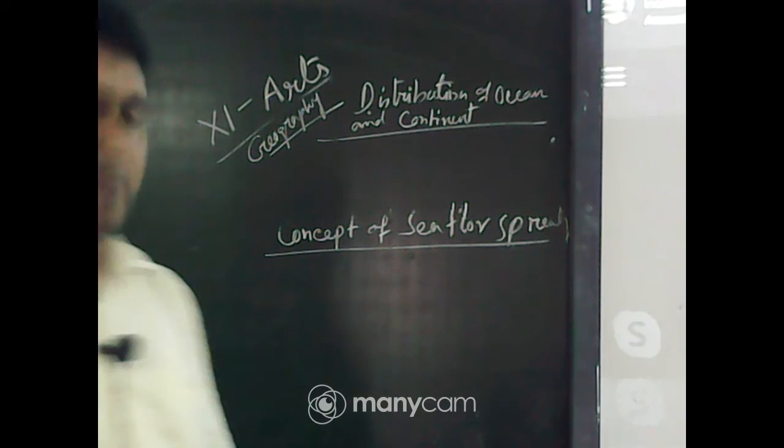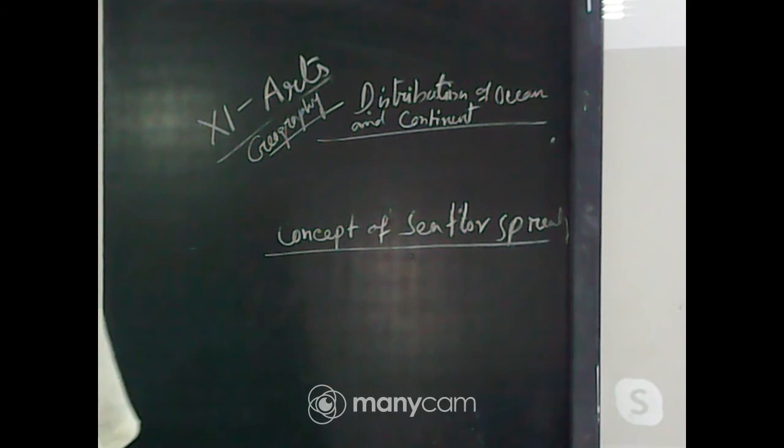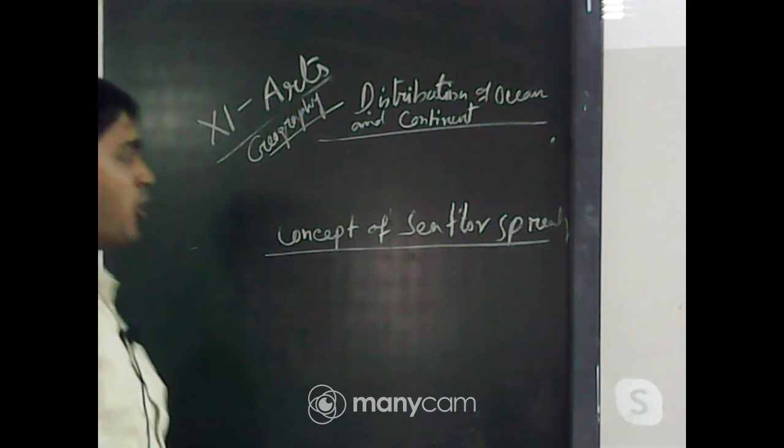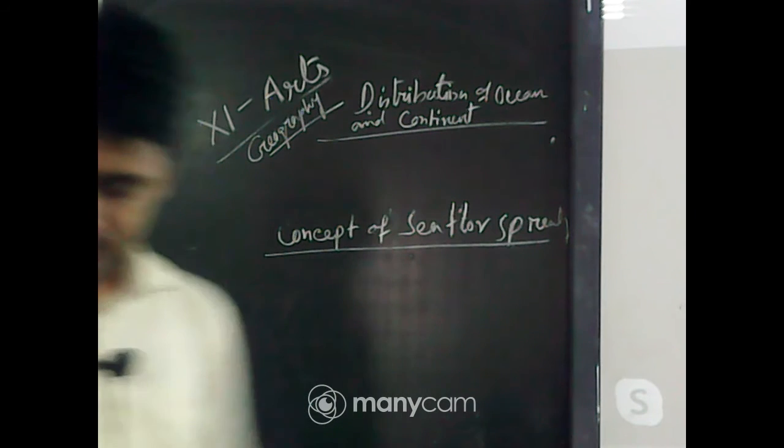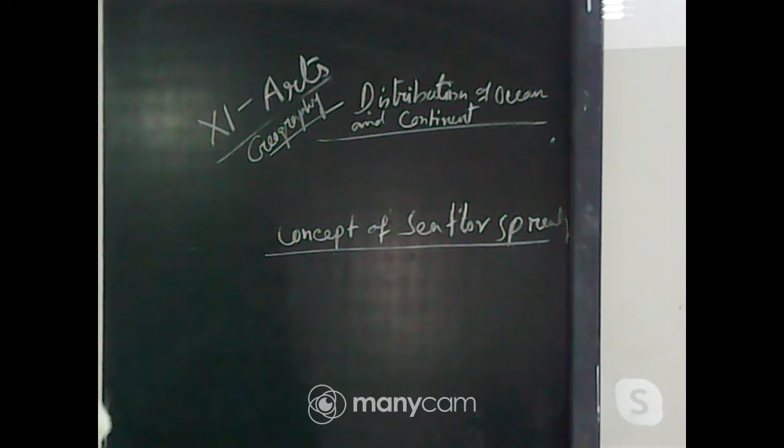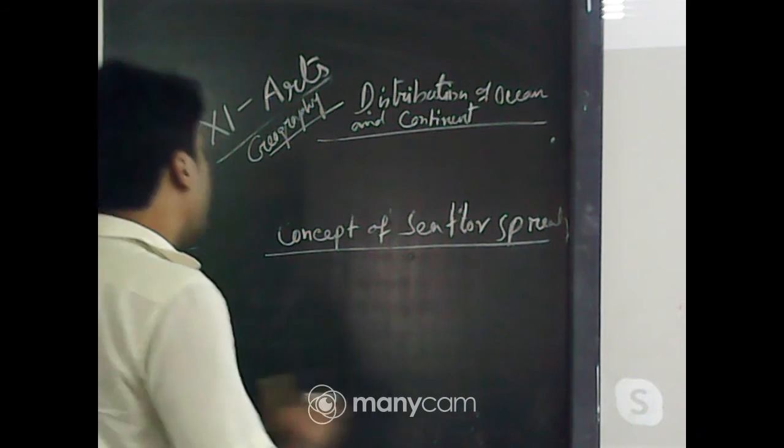Particularly, the mapping of ocean floor and paleomagnetic studies of rock from the oceanic region revealed the following facts. So, ocean floor mapping and paleomagnetic study both help us to understand seafloor spreading.